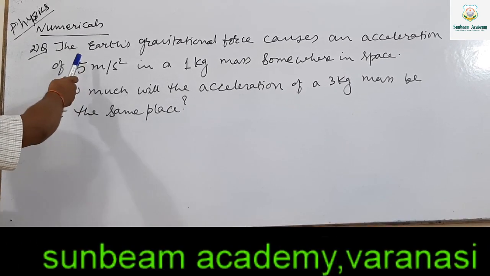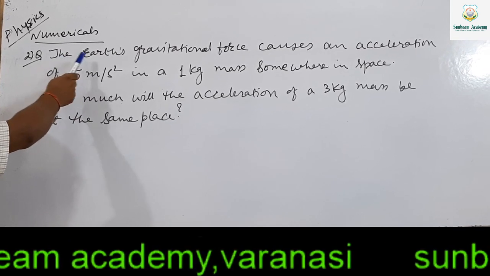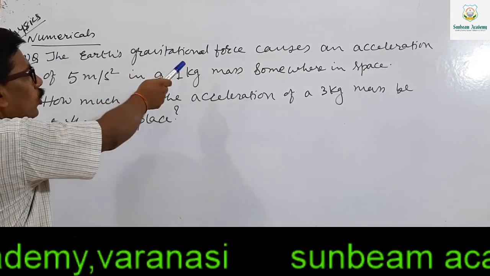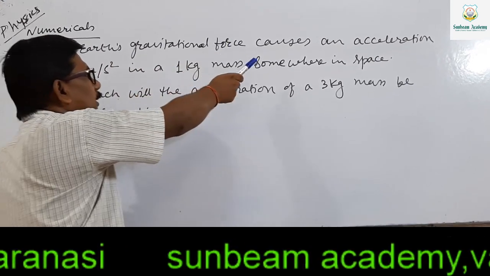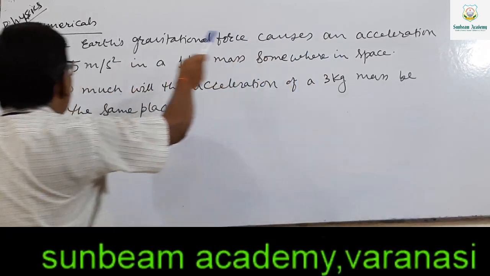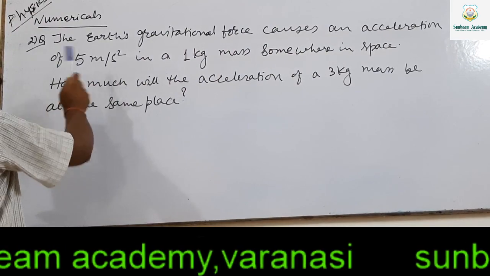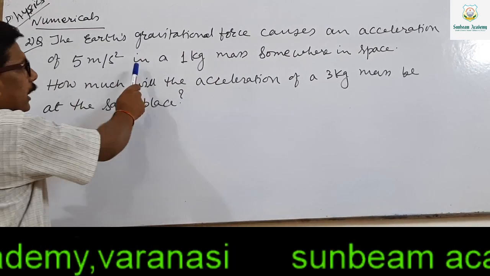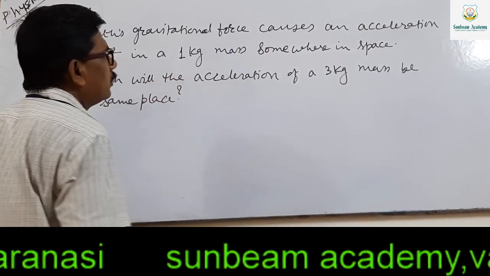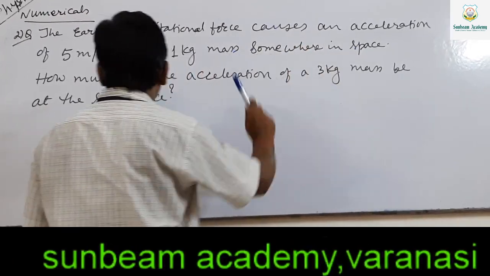Here it is given that the Earth's gravitational force causes an acceleration of 5 meter per second square in a 1 kg mass somewhere in space.